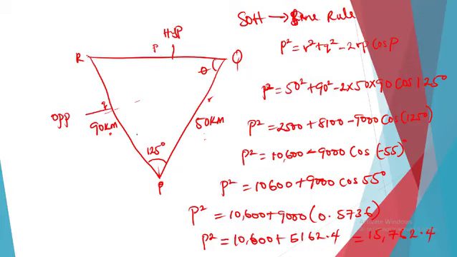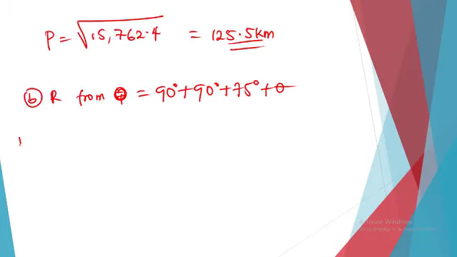For sine rule, this is the side P, so we have P over sine P equal to, this is Q, all over sine Q. Do we understand? So let's go over. P over sine P equals Q over sine Q.